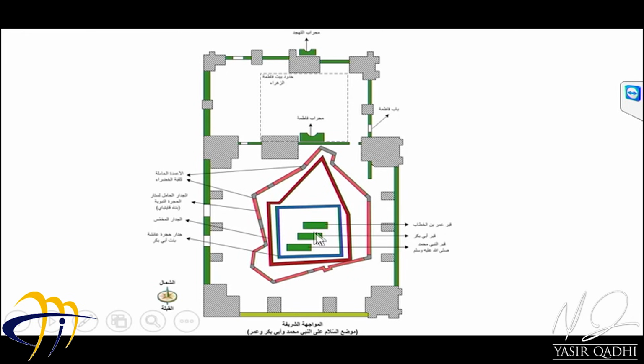As for this fourth grave over here, as for this fourth space over here, there are traditions in Sunan al-Tirmidhi and in a number of books of hadith, but all of them are weak or very weak. But there are narrations that Isa ibn Maryam will be buried over here.